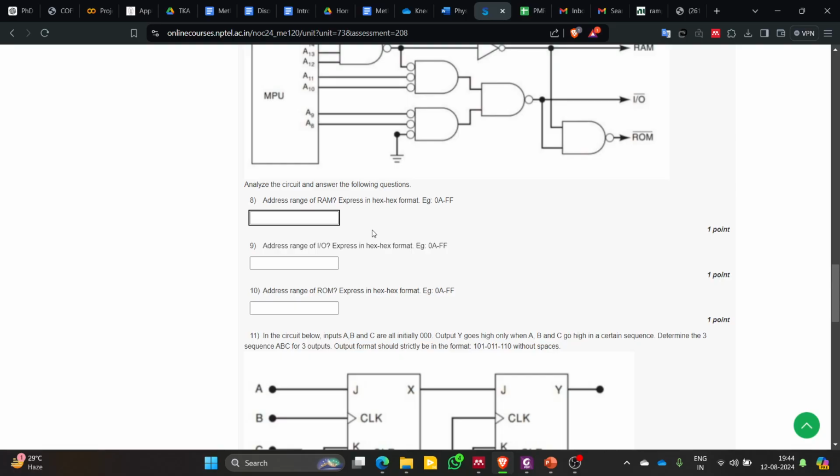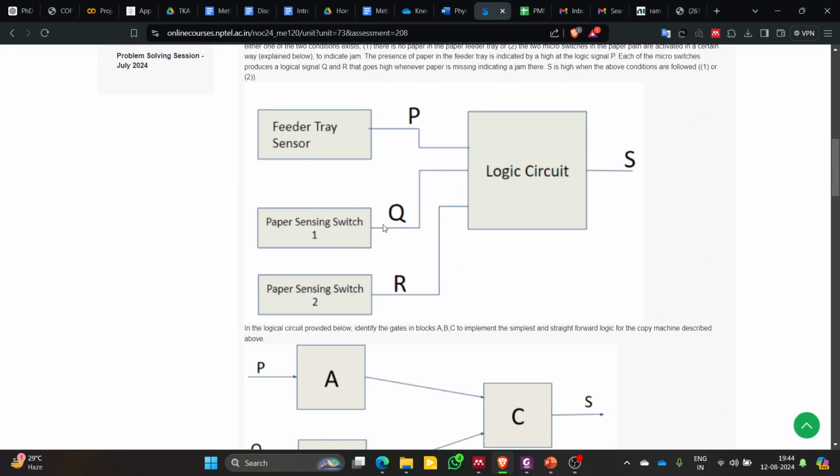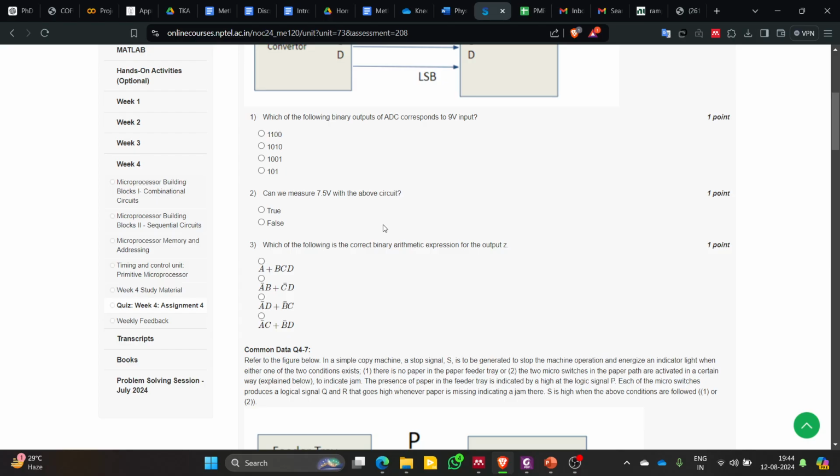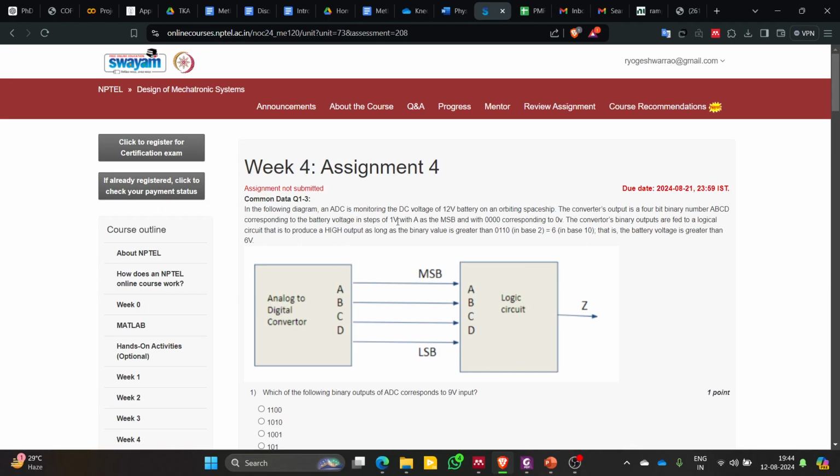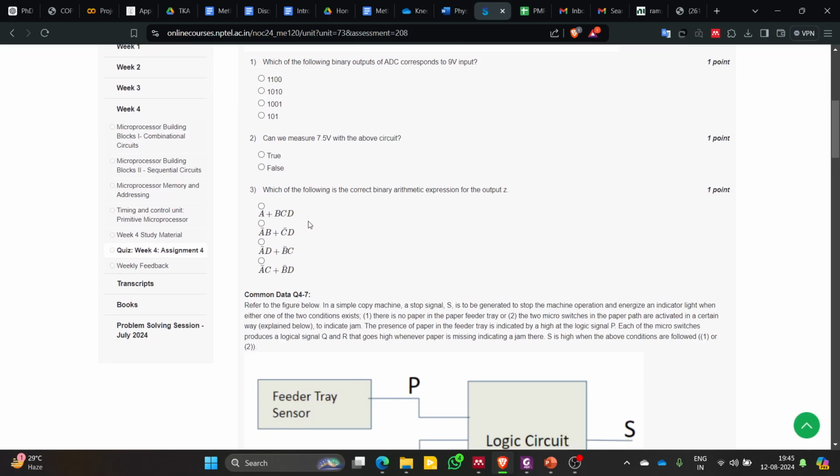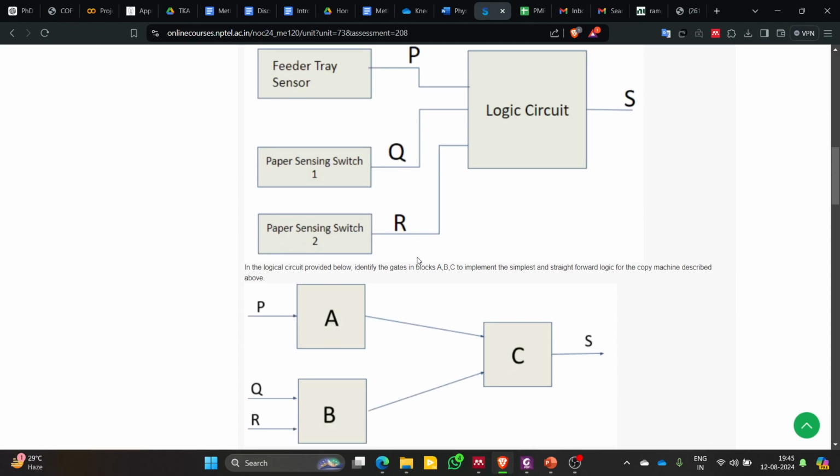From this week onwards, I would suggest you please be serious now, because the electronics part is coming up, and from week 5 onwards it's going to be tougher.